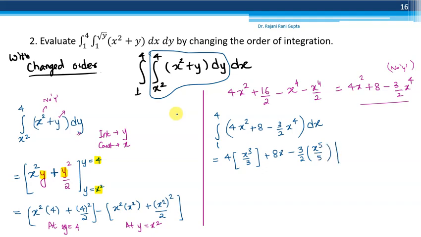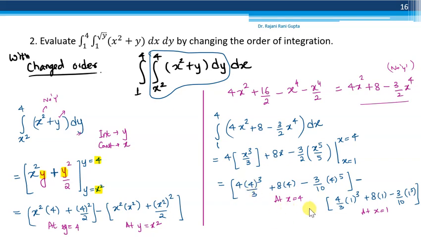Okay, and the limits are from 1 to 4. So now you can simplify and get your final answer. You can simplify this limit and get the final answer by using the calculator. Okay, so these are the limits when you substitute x equal to 4 and x equals to 1, you will get this value. What we did, we just replaced this x.